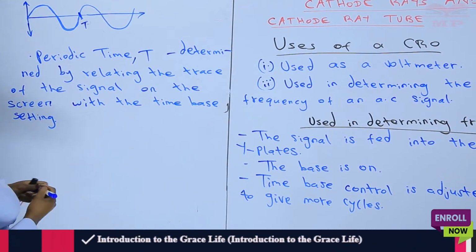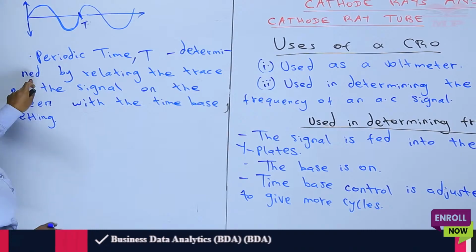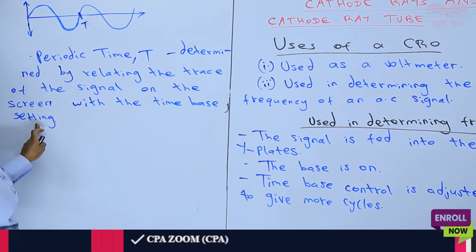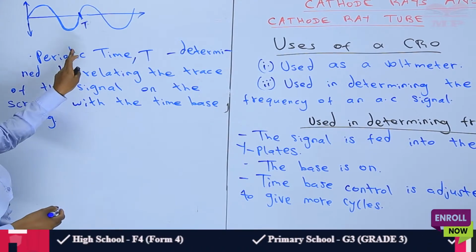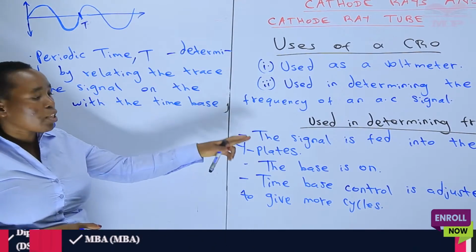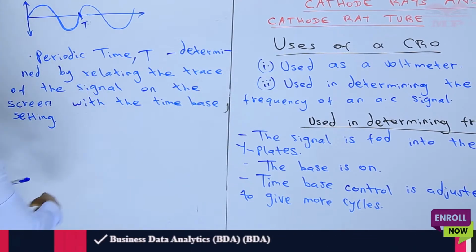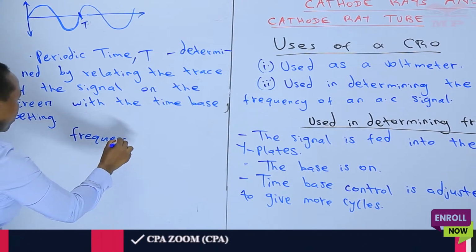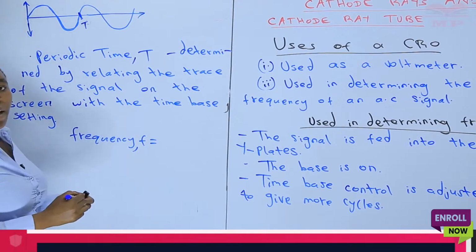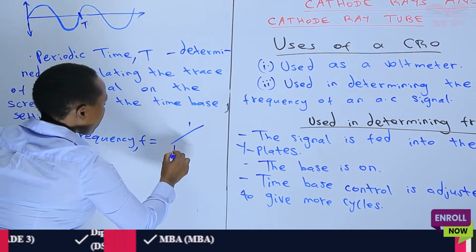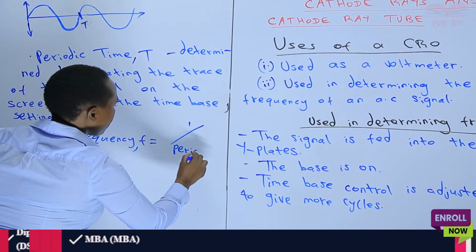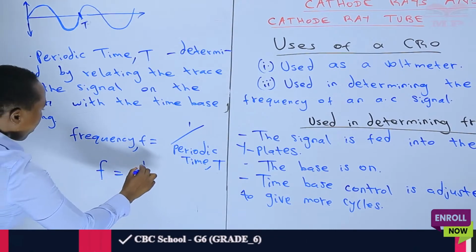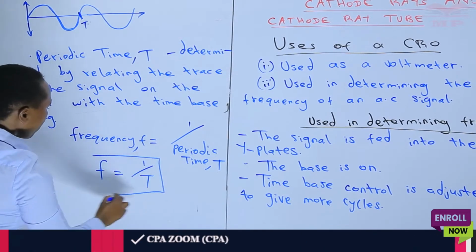So we are able to get the periodic time, because the time base is on. When we get the periodic time, then we can calculate the frequency F. By the formula, frequency is simply the reciprocal of the periodic time, T.